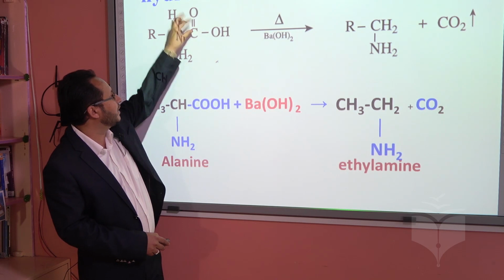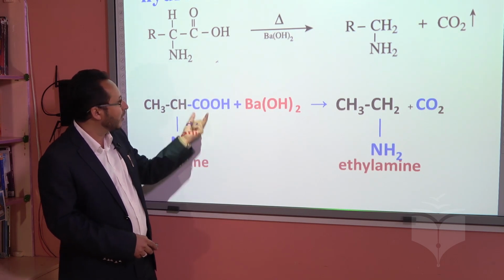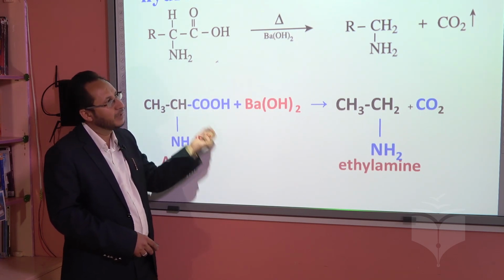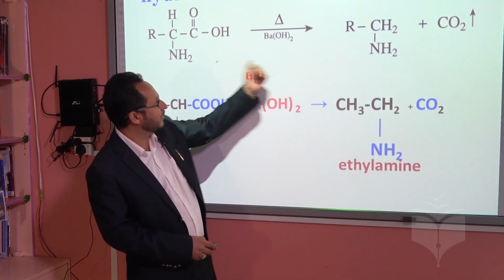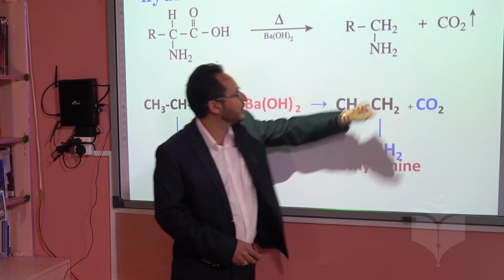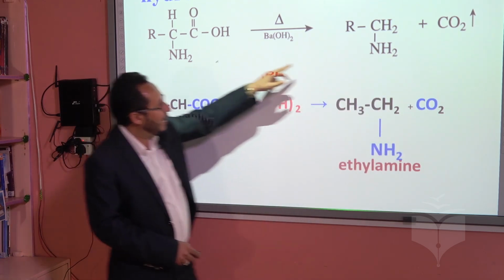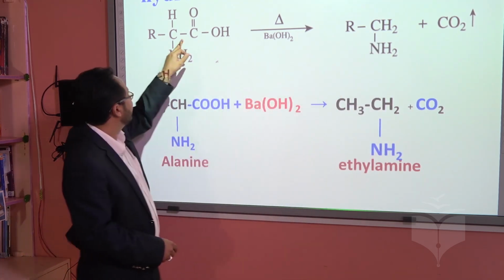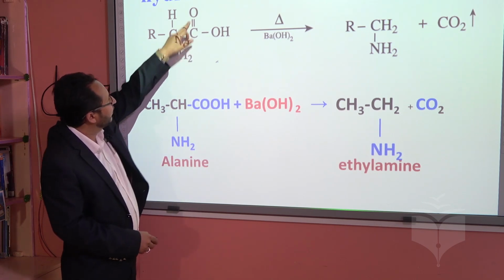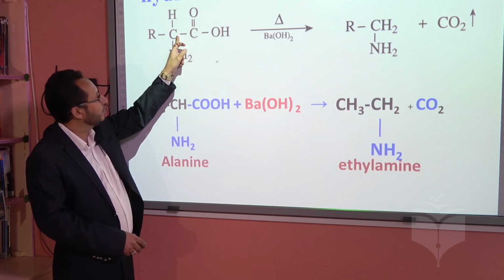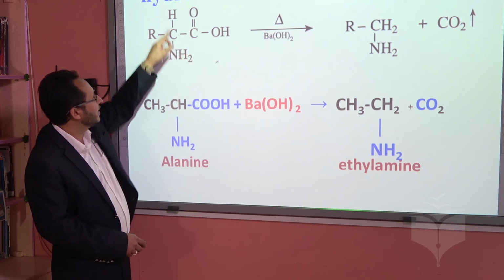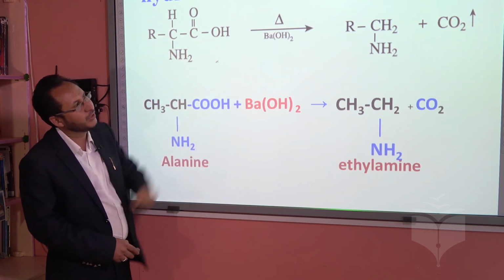Just remove COO, it is removed as CO2. What remains here is RCH2NH2. Why do we have CH2 here when this is CH only? Because you remove the COO, and the H attached to this carbon atom. So we have RCH2NH2 now.